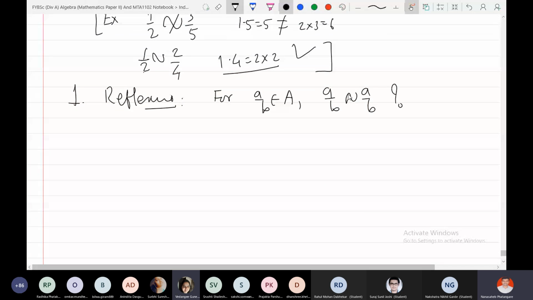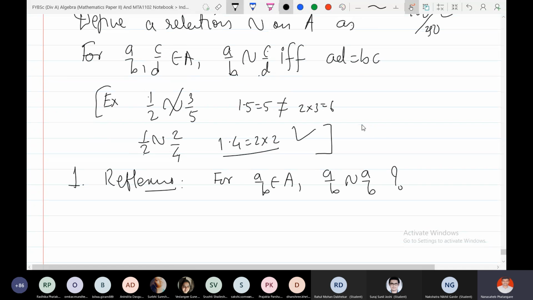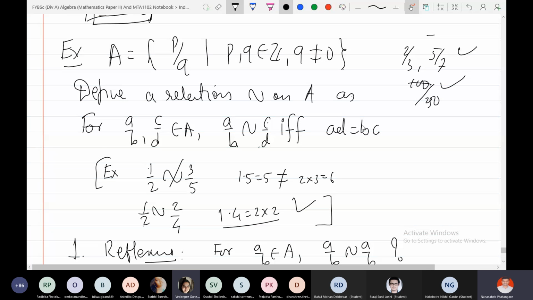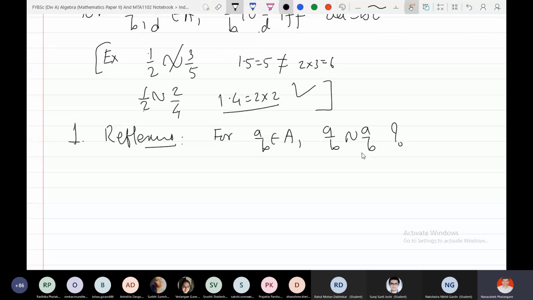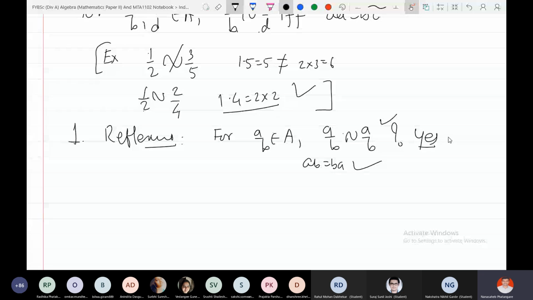Yes, because AB is equal to BA. A and B are integers, and you can say that AB is the same as BA by algebraic properties of real numbers. So this is true, and therefore A by B is related to A by B. So the answer is yes.